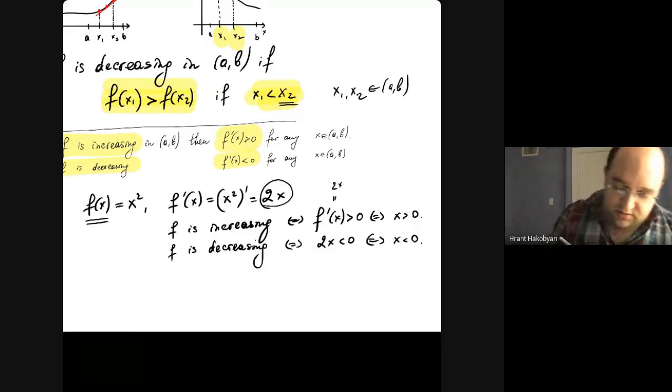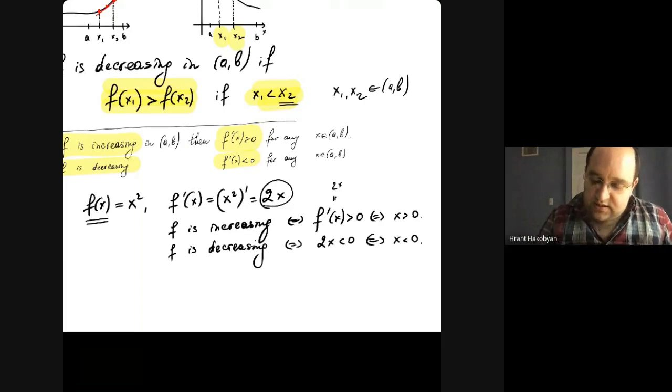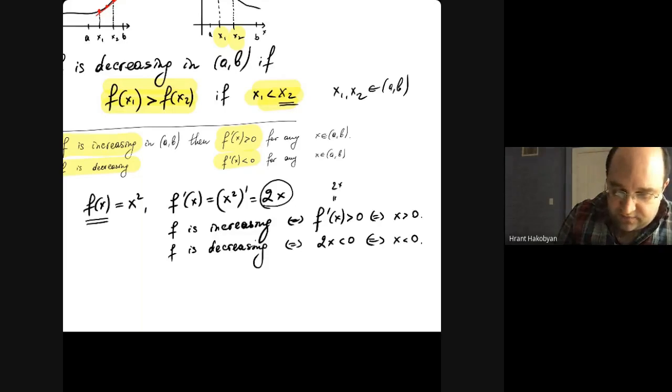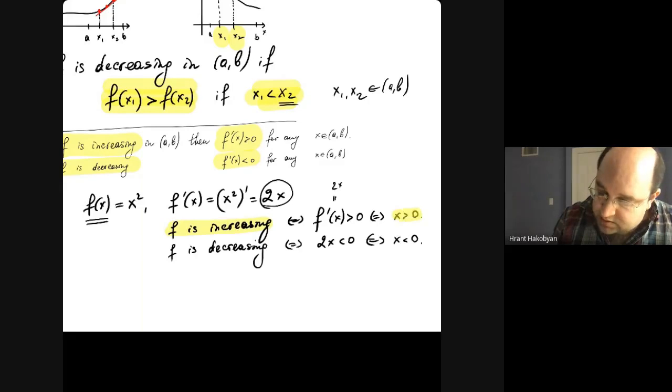So f is increasing when x is positive, and f is decreasing when x is negative.